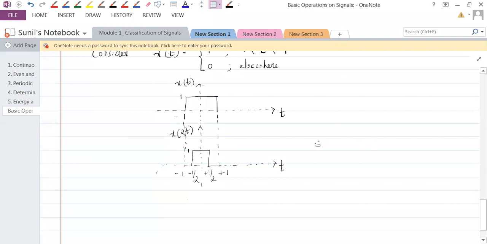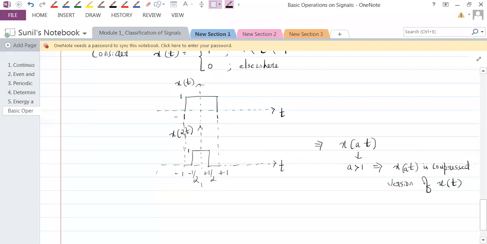This implies that in x of at, if a is greater than 1, then x of at is a compressed version of x of t. Is this understood, everybody?